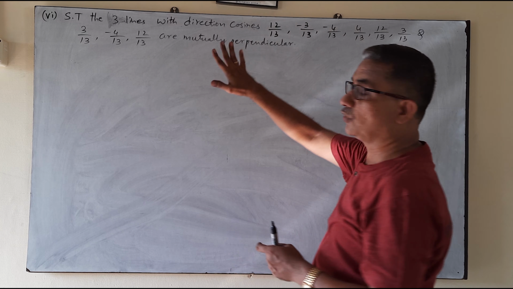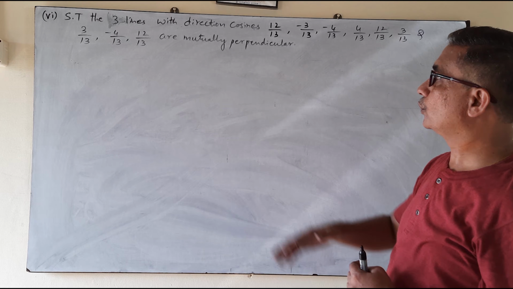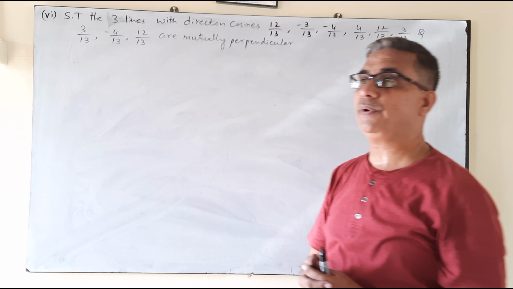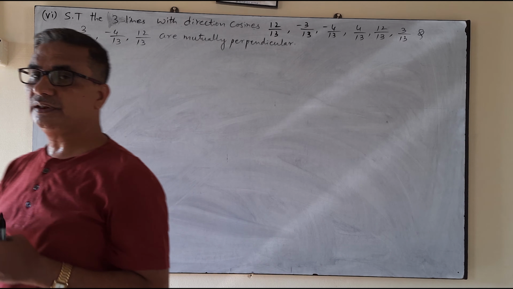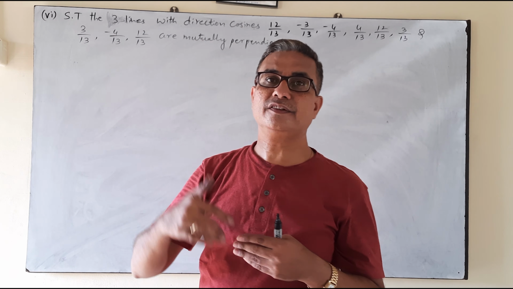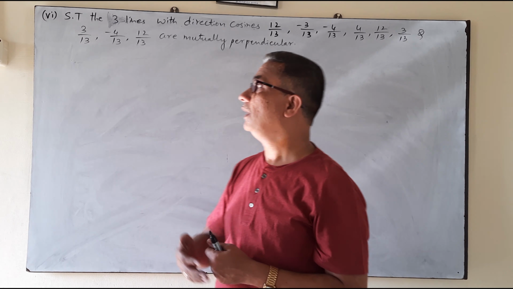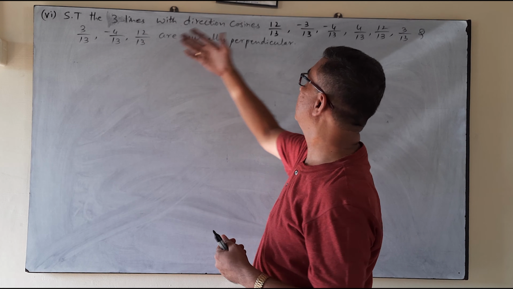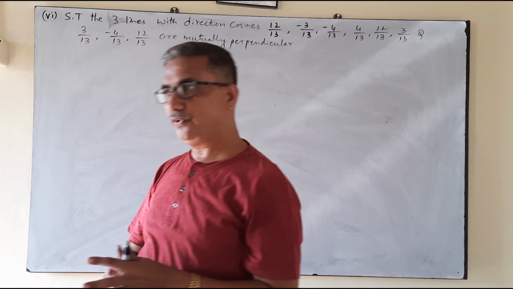Three direction cosines are given. To prove that these three lines are mutually perpendicular, the word mutually perpendicular means first line is perpendicular to second line, second line is perpendicular to third line, and third line is perpendicular to first line.